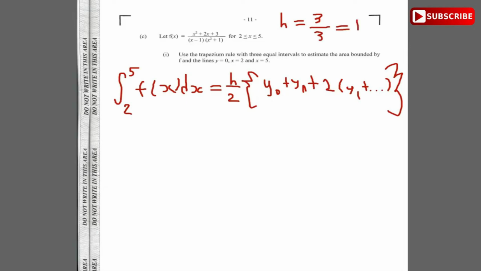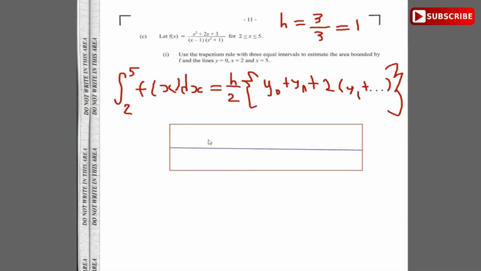So next thing I like to do is create my table. My table just gives me my values of x and y for the different ordinates. This is x, and this is my y values. x goes from 2, then 3, then 4, then 5.